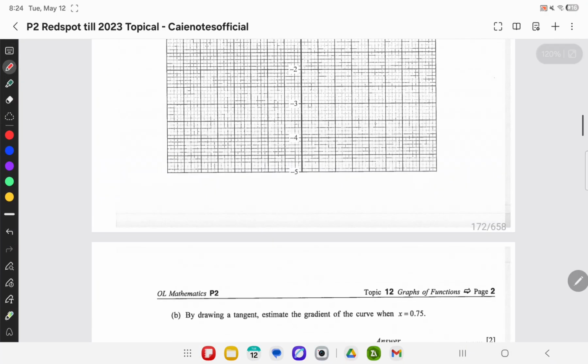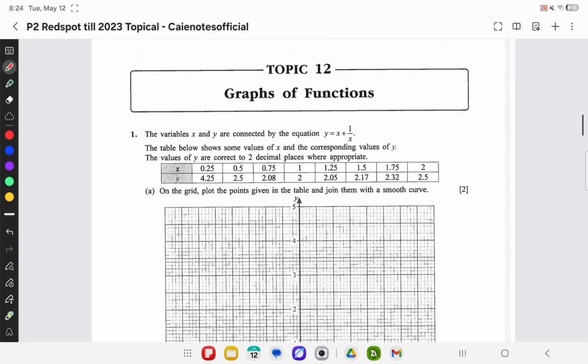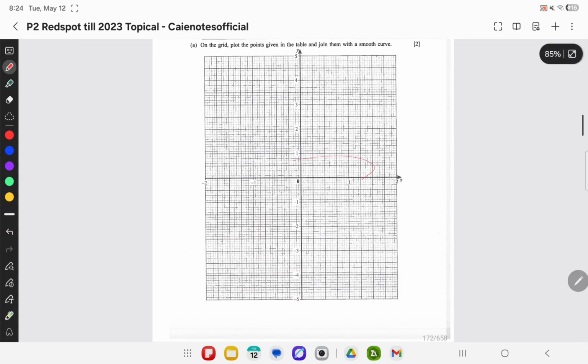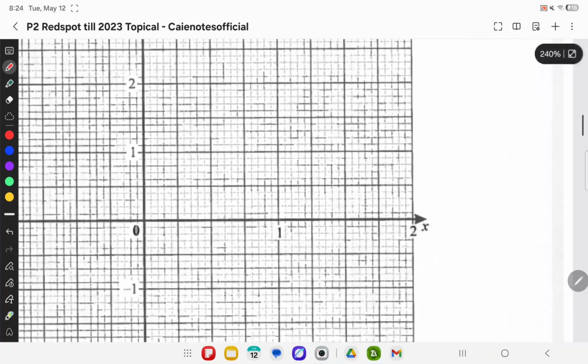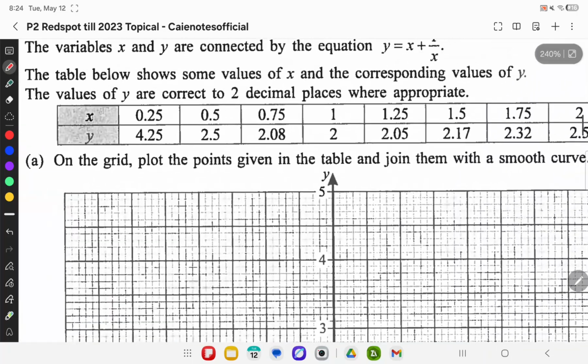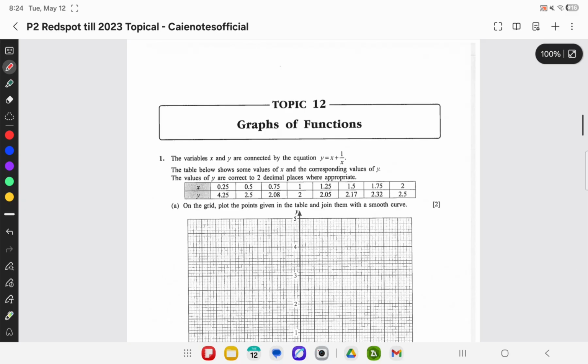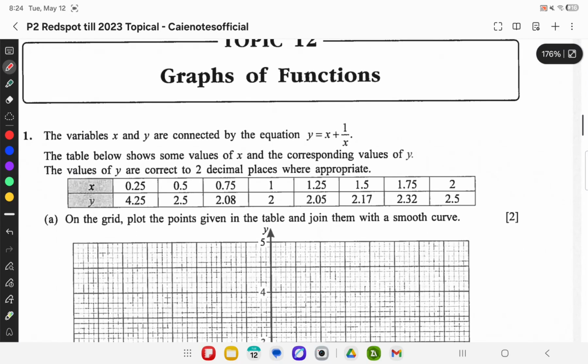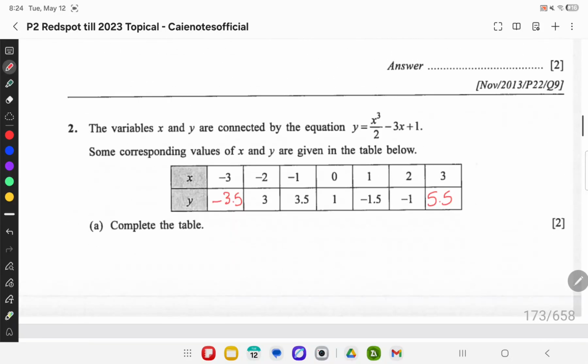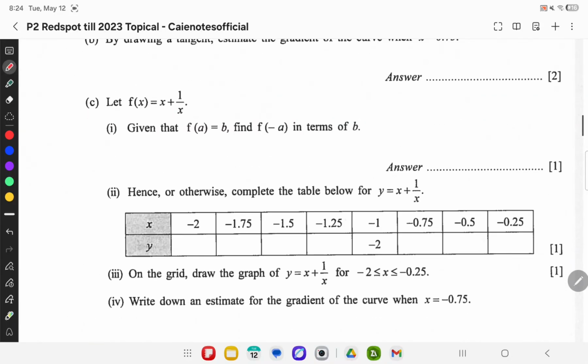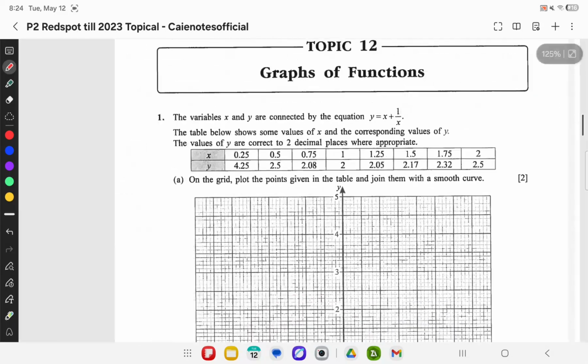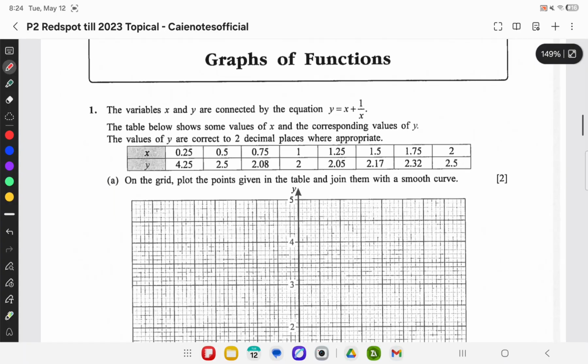Let's plot some points on our curves. So here we have an insanely massive grid and with insanely tiny values. Now the lucky thing here is it's already filled. If it's not filled, of course you have to fill it in yourself and then evaluate like so. Let's plot it in.